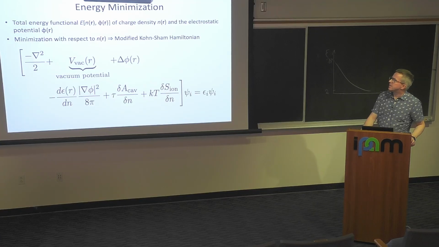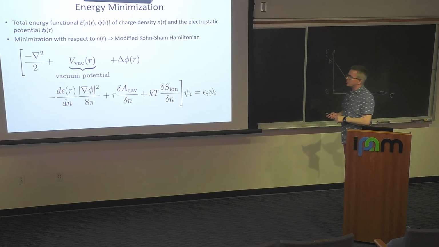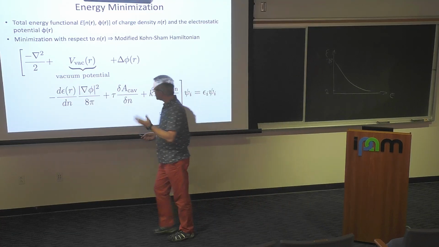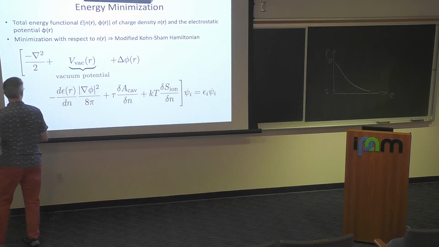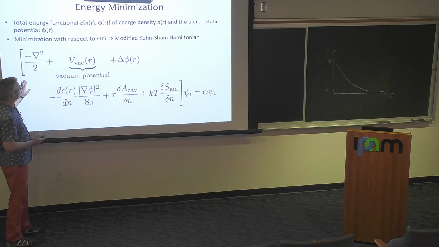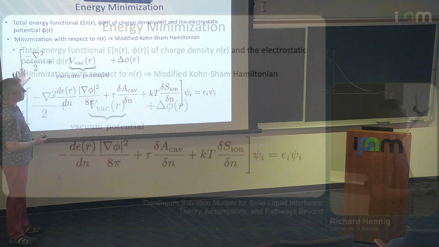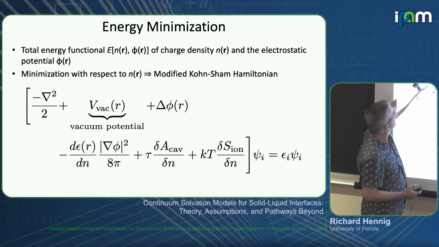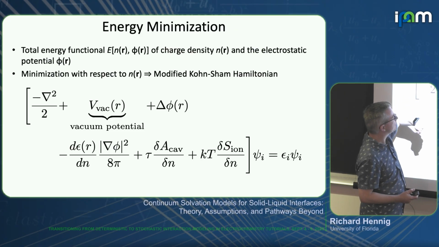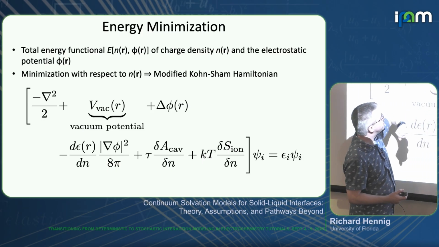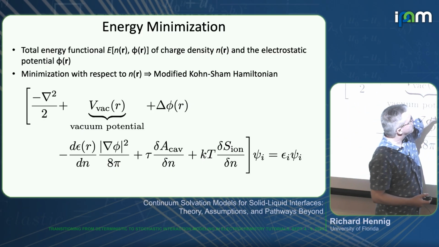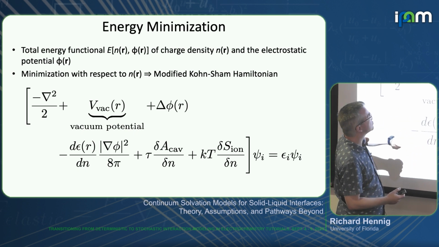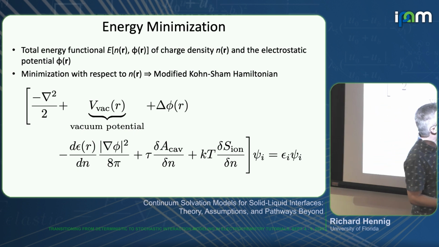If you then minimize that energy expression with respect to the charge density, that's the first minimization we do. The other minimization we do is with respect to the electrostatic potential. I already showed you that you get the Poisson-Boltzmann equation. Now you essentially get your Kohn-Sham equations out of that: kinetic energy of your Kohn-Sham equations, some external potential, and then your electrostatic terms.